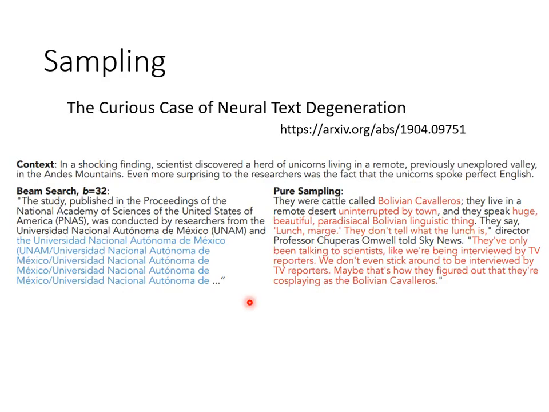How come? For example, in this paper called The Curious Case of Neural Text Degeneration, the task they're trying to do is sentence completion. That is, the machine reads the first half of the sentence first and tries to fill out the second half of the sentence. You can give it the first half of a news article or story and watch it fill out the rest of it, using nothing but its imagination and creativity.